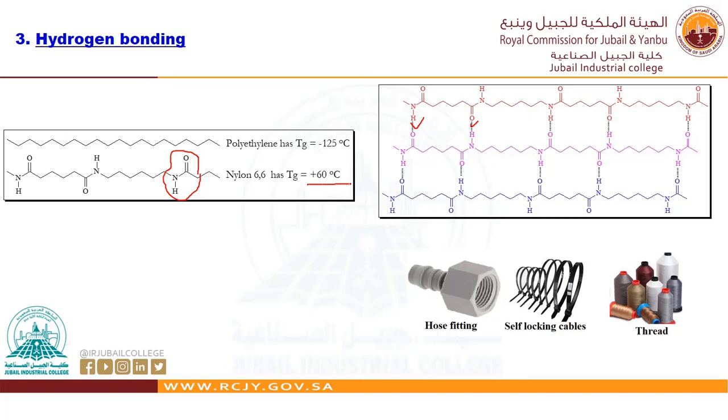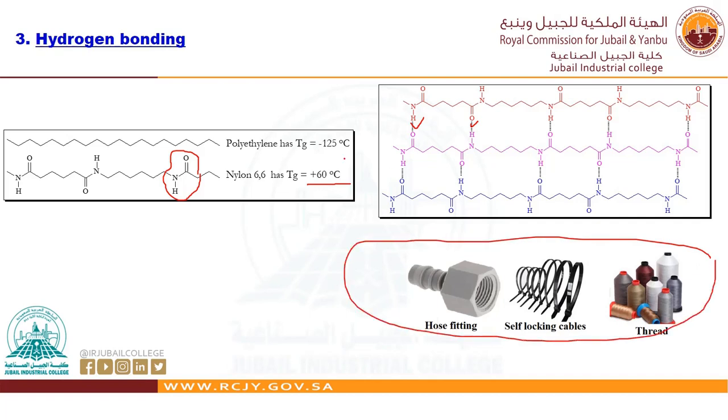That is why nylon has a high TG and is used for strong applications, while polyethylene is soft. It has a very low TG because the forces here are only dispersion forces, which are very weak, weaker than hydrogen bonding. Therefore the flexibility will decrease because of hydrogen bonding and TG will increase.